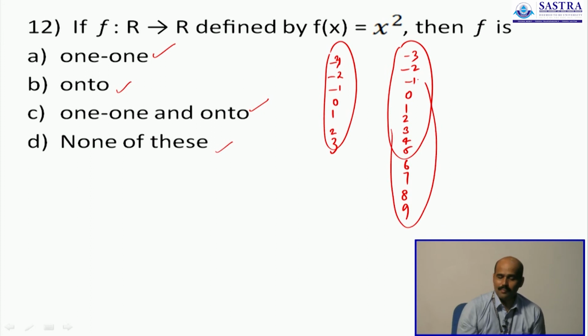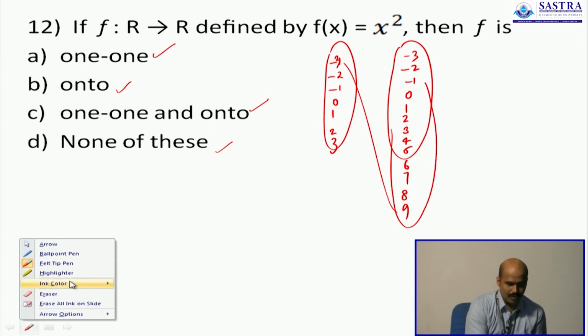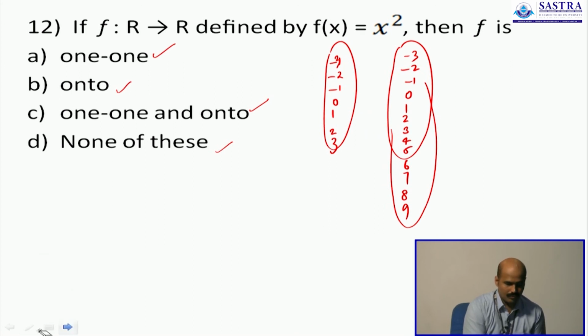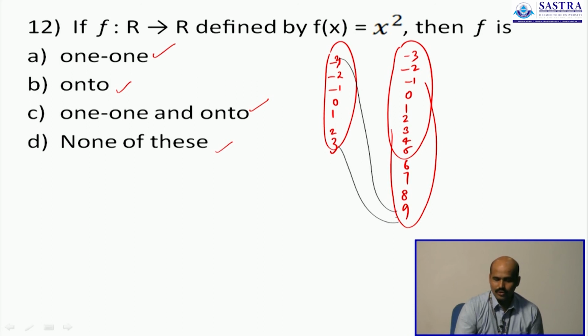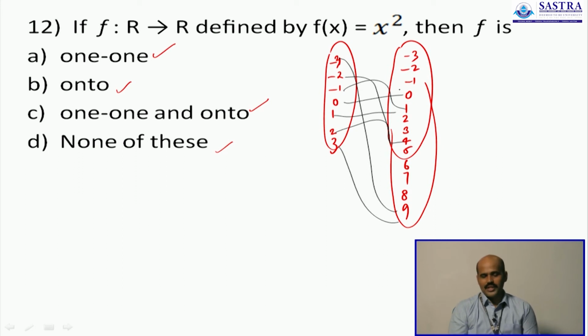You're starting to map them. Minus 3 goes to 9, 3 also goes to 9. 2 goes to 4, minus 2 also goes to 4. Minus 1 goes to 1, 1 also goes to 1, 0 goes to 0. That's how this function is defined.